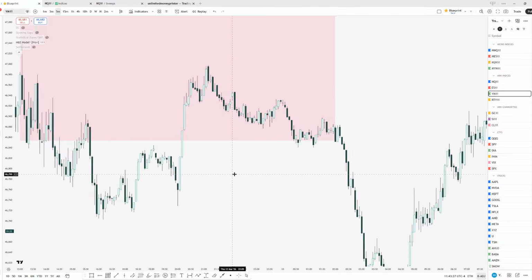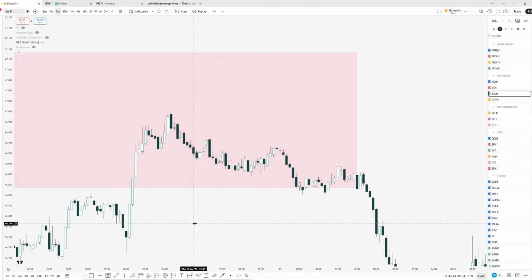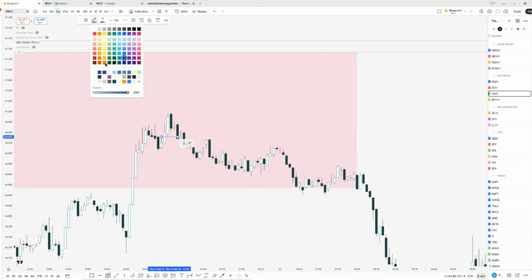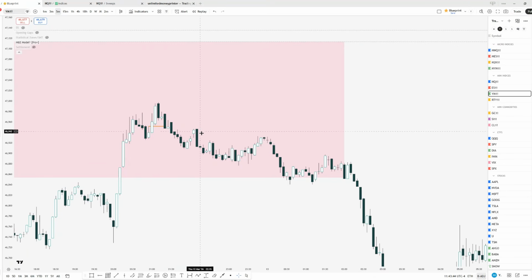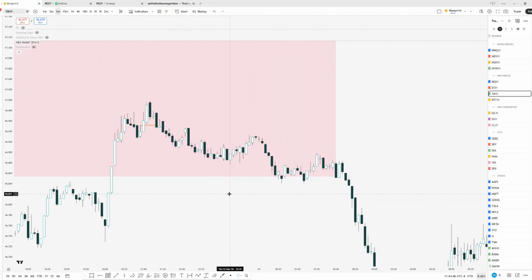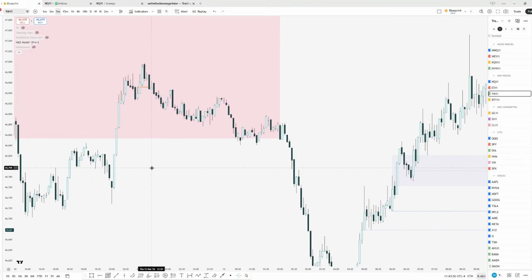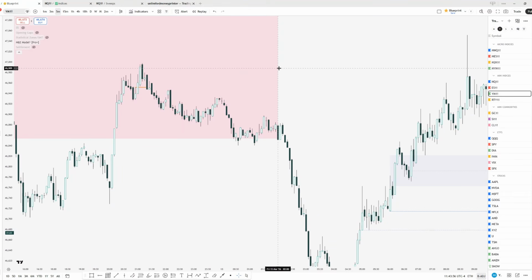So right off the bat, on the first one, you can already see how it's playing out. We have an inversion right there. Price continues. And what do we want to see? We want to see an MBZ or another inversion take place for a continuation off the 1 hour gap.